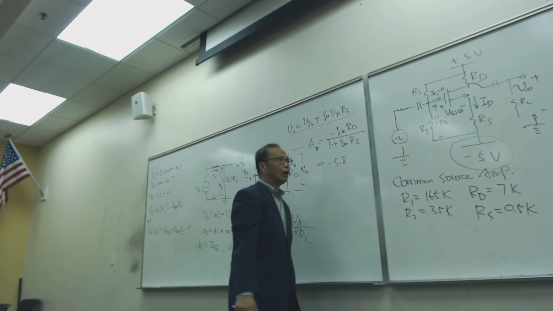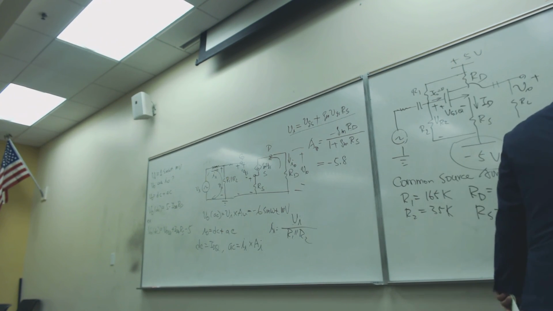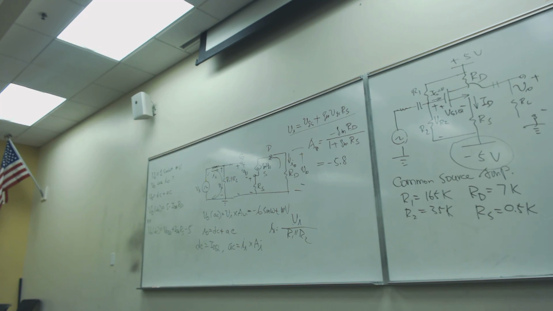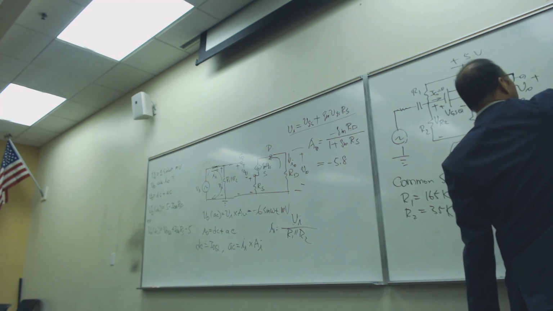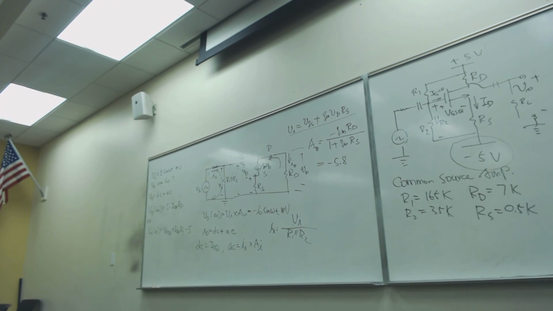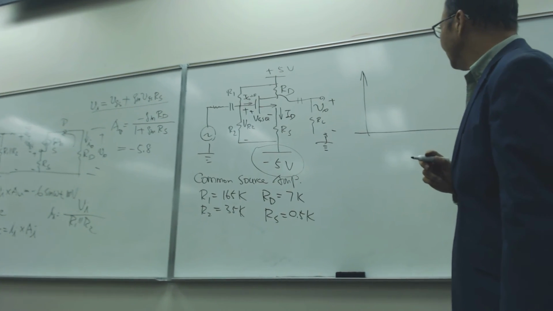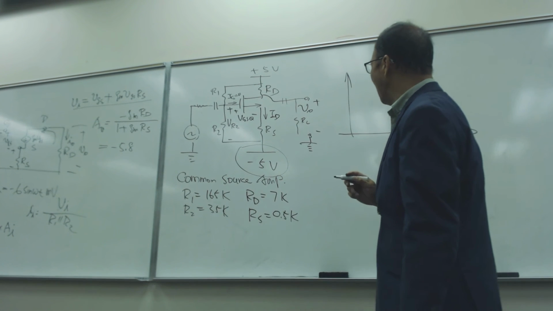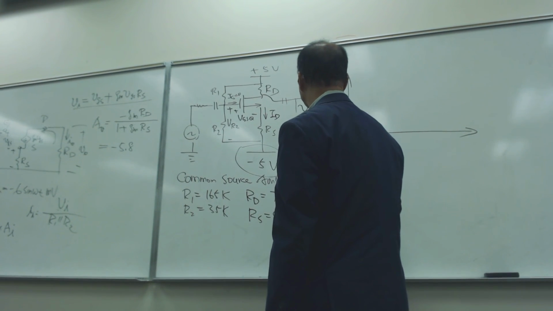Okay. Now let's do the load lines. I know you don't like the load lines, but you have to know how to draw it. Okay. So the load line is according to the output loop DC KVL, right?